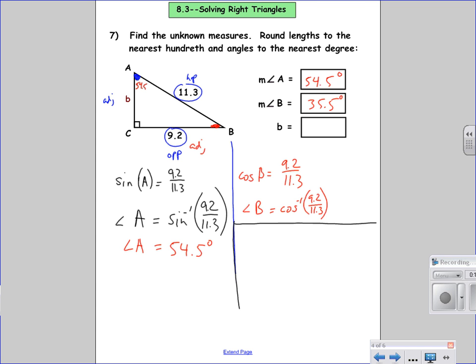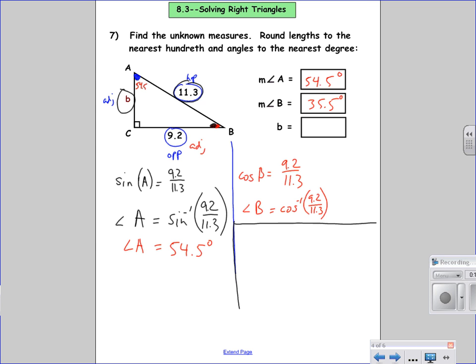So I used angle B in my calculation here and said, okay, what do we have?